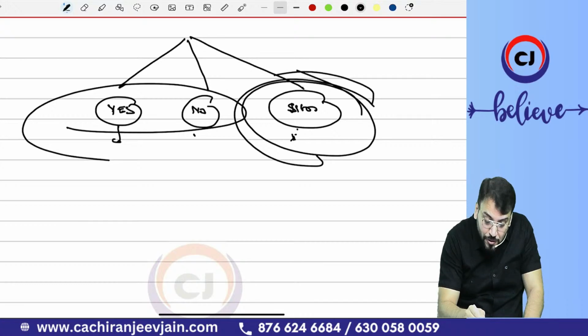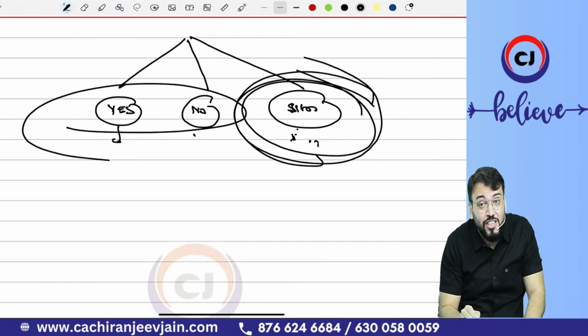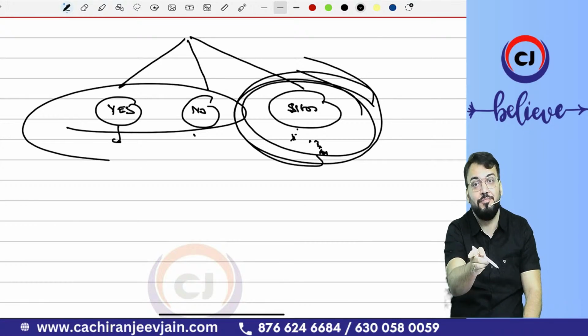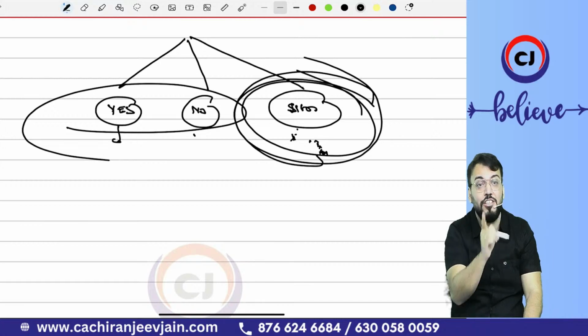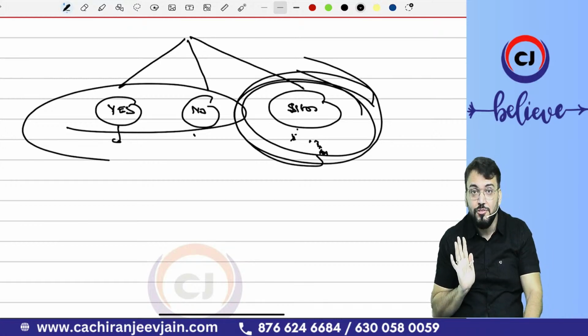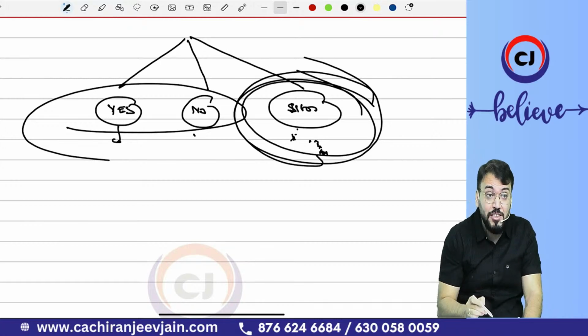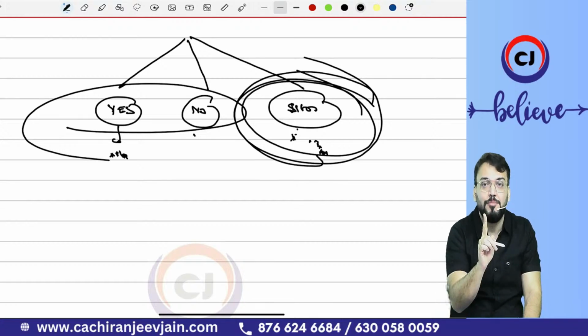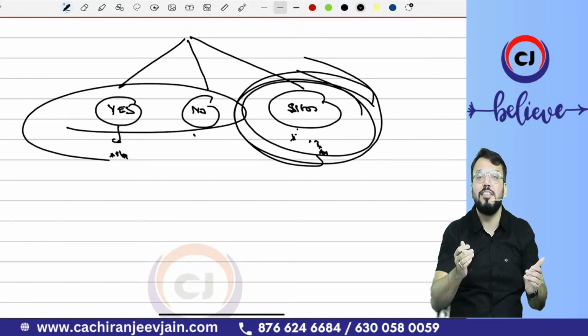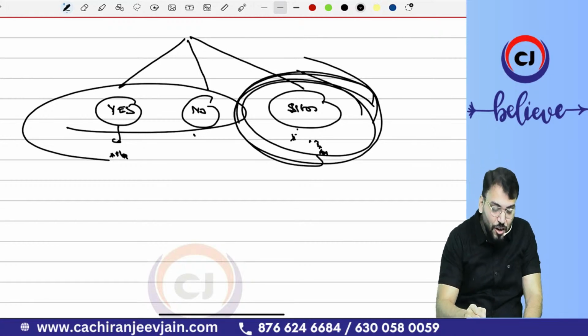So I am worried about this type of person. Try to change, otherwise ICAI will change you. Don't give ICAI a chance to change you. Once again, I am not worried about those who give wrong answers. 100% they will become CA. The wrong answer is acceptable, but silence is not acceptable.